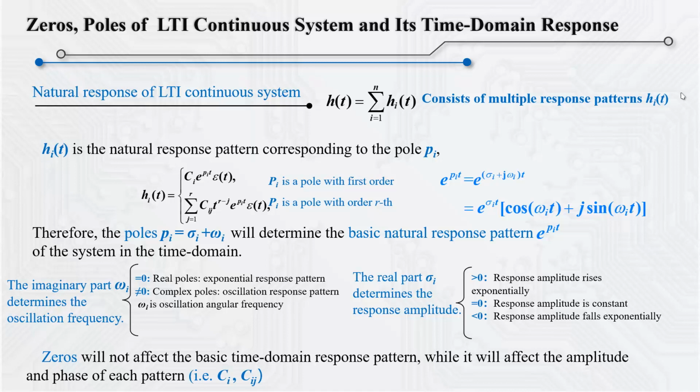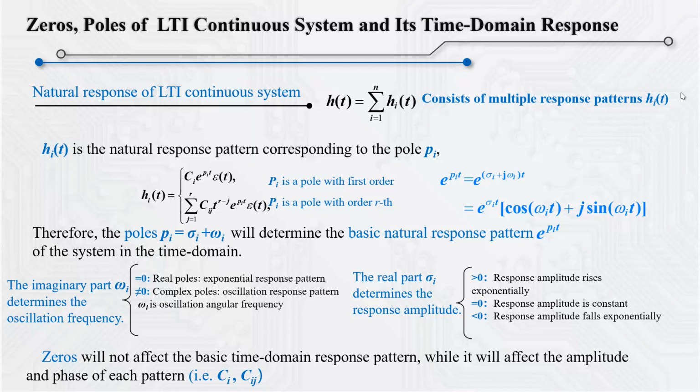The real part of the pole will determine the developing trend of response amplitude. If the real part is greater than 0, then as t approaches positive infinity, the amplitude of natural response rises exponentially. Conversely, if the real part of the pole is less than 0, then the response amplitude will fall exponentially.